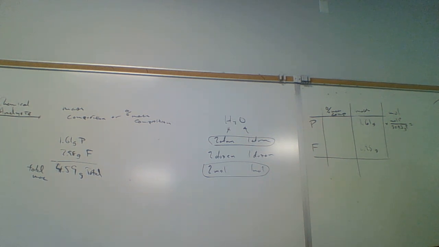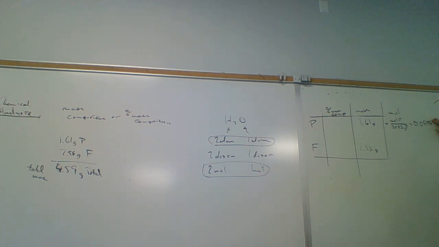And so how many moles is that going to be? 1.61 divided by 30.97. So this is 0.05198. How many sig figs am I allowed? 3.